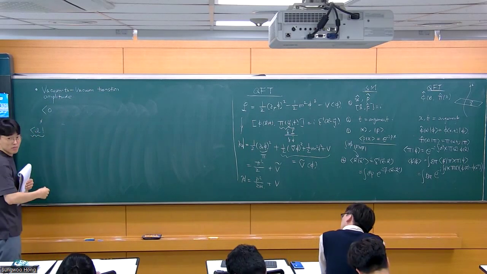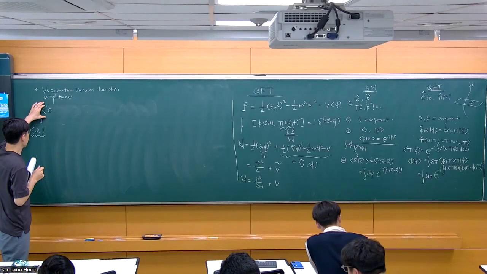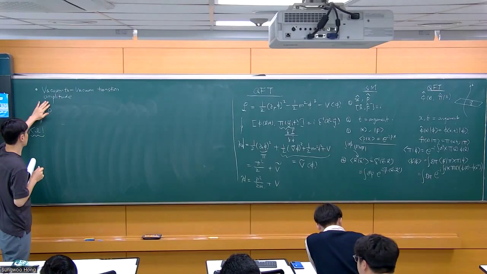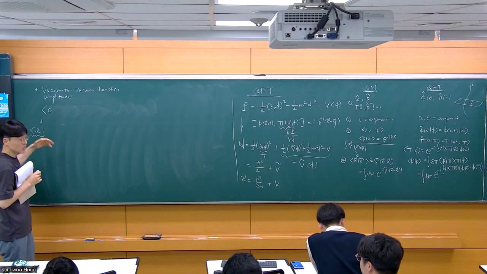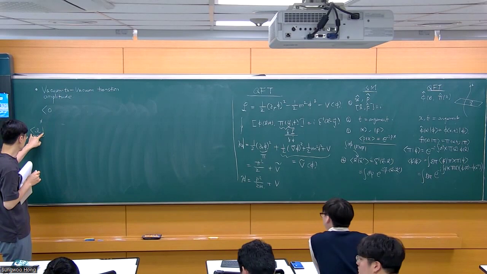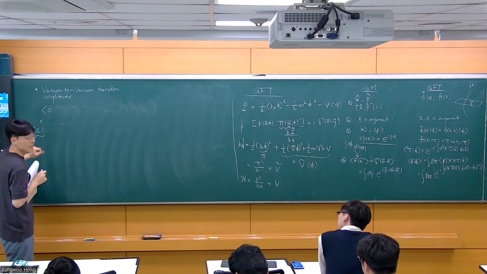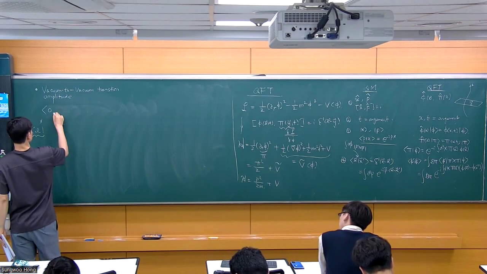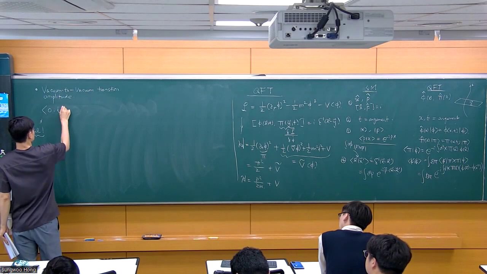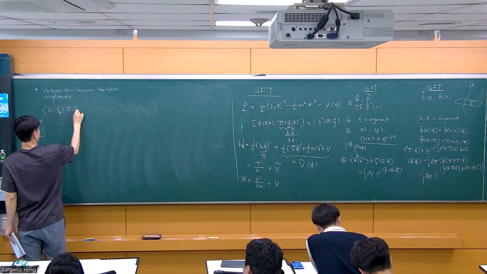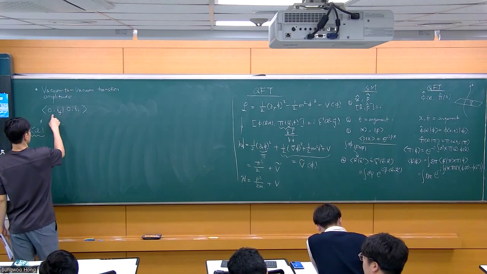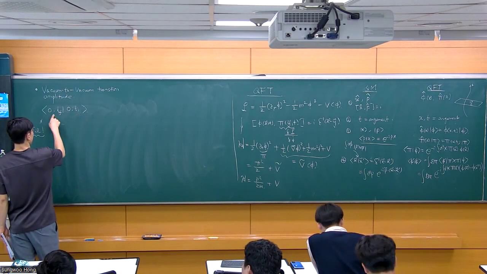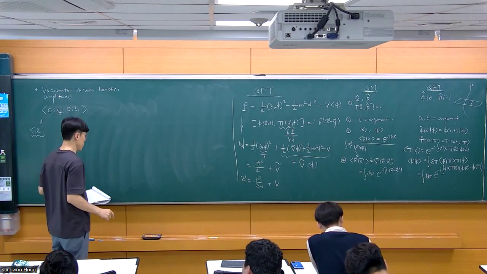We talked about perhaps last semester that if I'm talking about the vacuum of a free theory, I'm going to use 0, and if I talk about the vacuum of an interacting quantum field theory, we use omega. So the question I'm asking is, we start with a vacuum at Ti, then there's a time evolution, and what is the probability to land on the vacuum again in the far future?